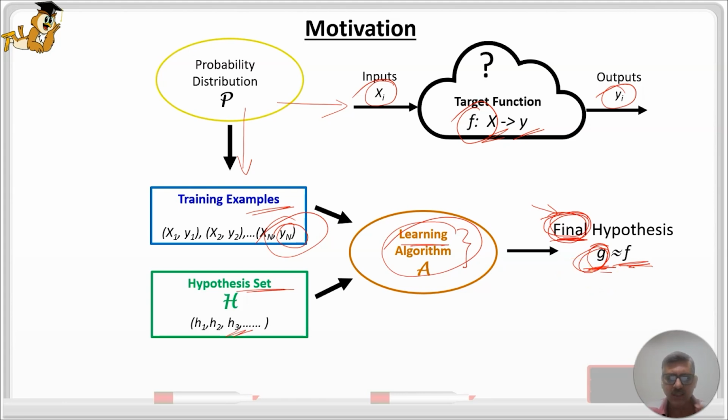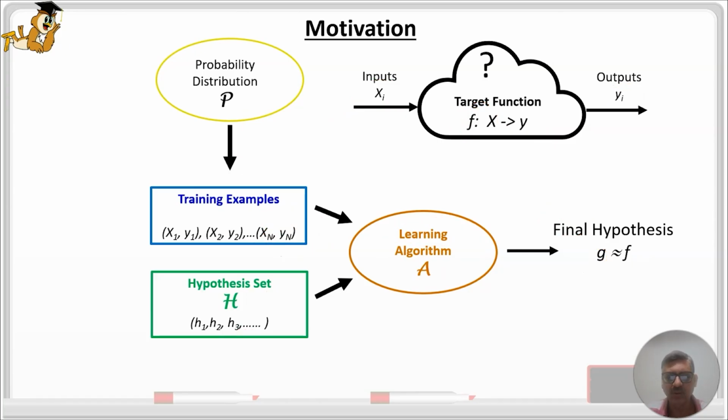Now, more or less in the last few lectures, we have looked at the three primary blocks in this diagram separately. The three key blocks over here are, of course, the training examples, the hypothesis set, and the learning algorithm, and we've looked at them pretty much individually.